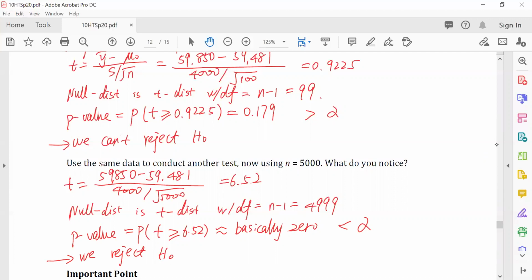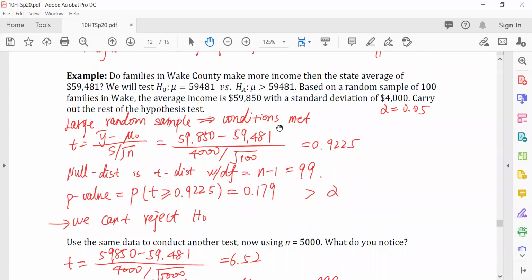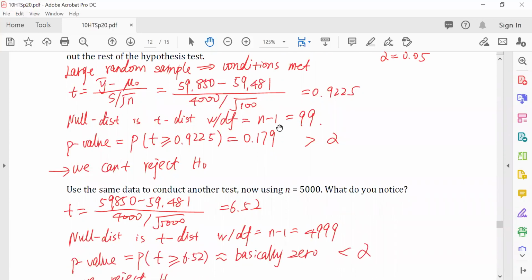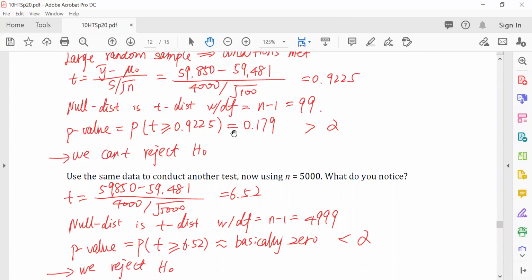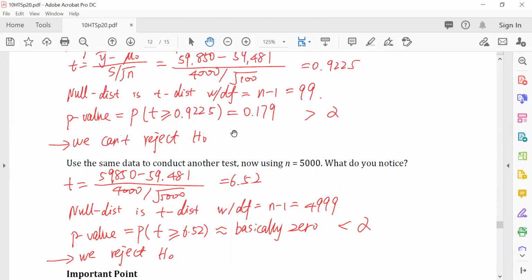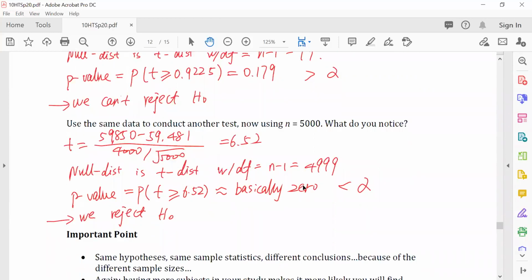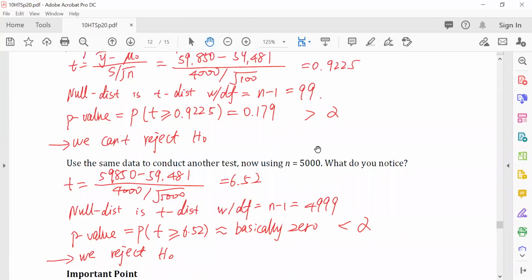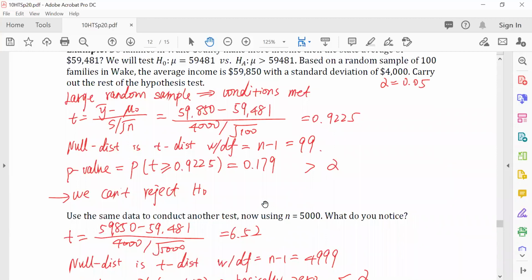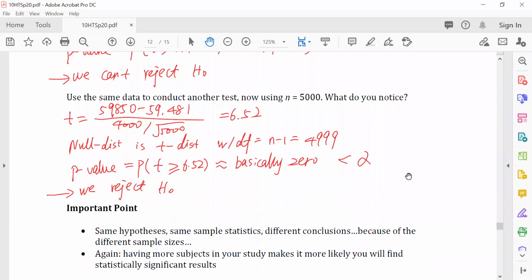Now you can see it's the same question. We want to see whether the families in Wake County make more income than the state average or not. The answer should be either we reject H-naught or we can't reject H-naught. The true answer will only be one of them. But you are having the same hypothesis and same sample statistic, and just because you have a different sample size, 5,000 here and 100 here, you are having a completely opposite conclusion.